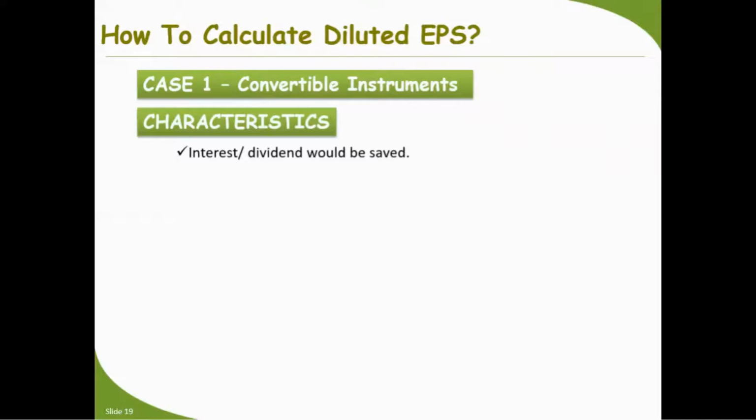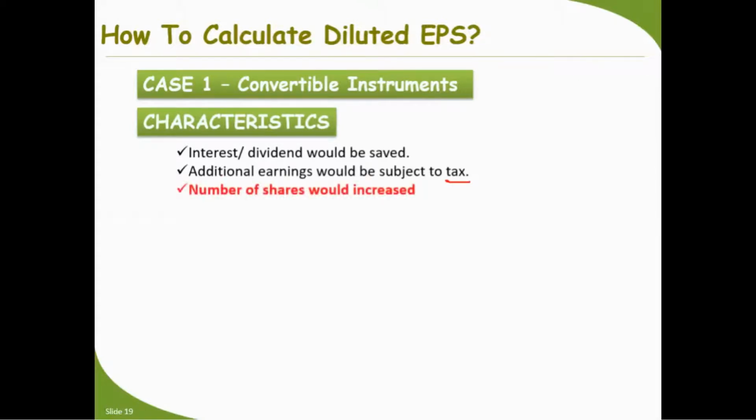Either preference dividend or interest will be saved. There is an additional profit by saving in your expense, and that is subject to tax. So the notional additional profit is subject to tax. After deducting the tax, that would be your profit. Then the number of ordinary shares would be increased.